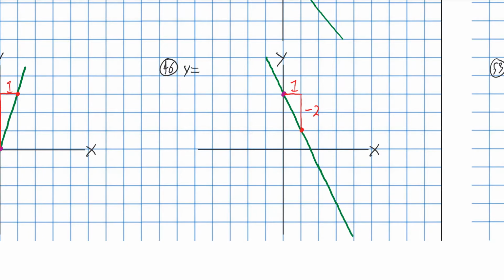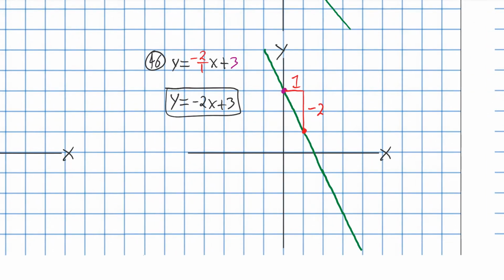So the slope is -2 over 1. y-intercept is 3. And simplify that.